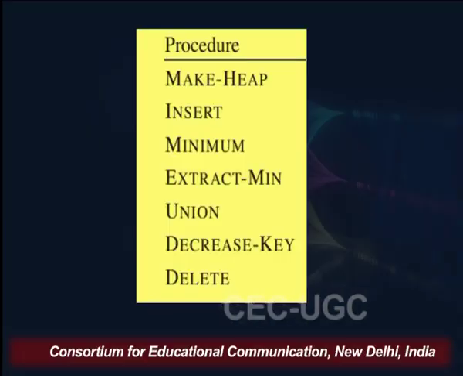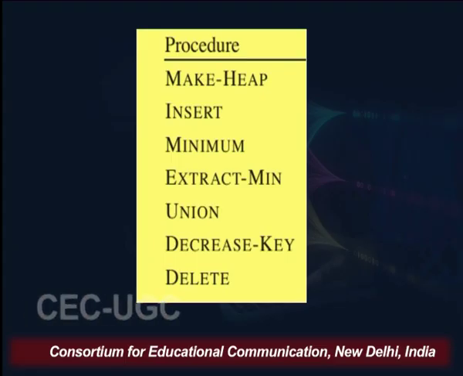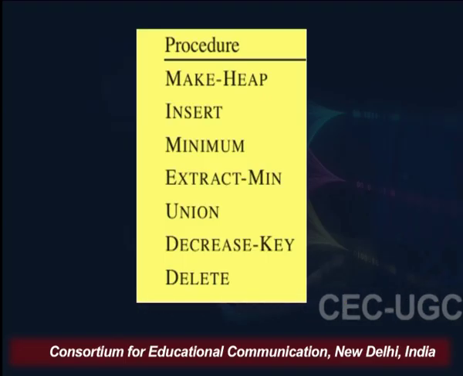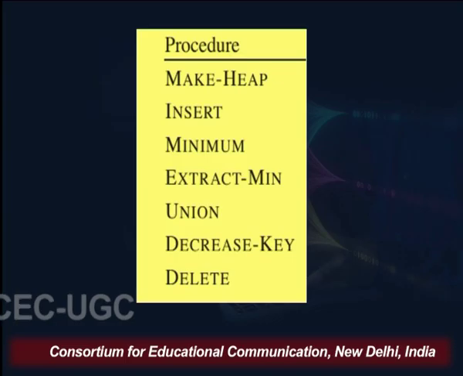Here is a list of operations which involves make heap, insert, minimum, then extract min, union, decrease key and delete. And among these operations, we have seen the make heap operation, the insert operation, and also the minimum operation.